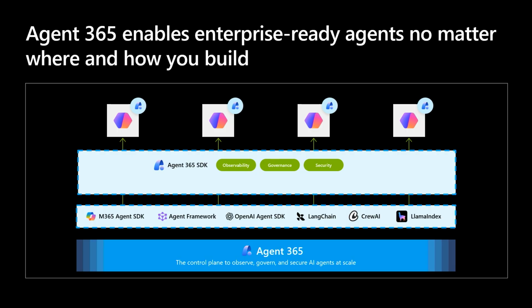Next, governance. Agent 365 SDK can enable a customer's IT and security teams to govern tool access, including access to Microsoft 365 data through MCPs. So Mail, Calendar, OneDrive, SharePoint, Teams, they are all reachable through governed, admin-controlled, auditable, revocable permissions.